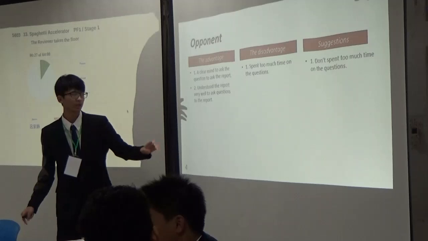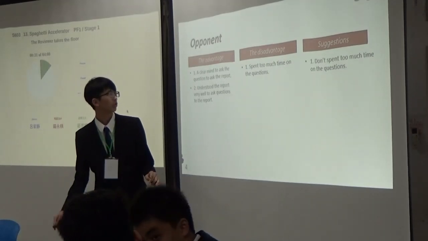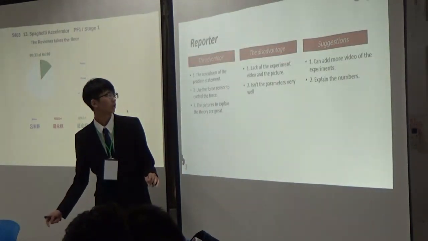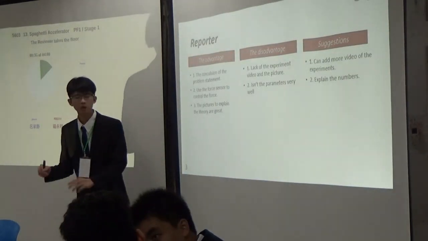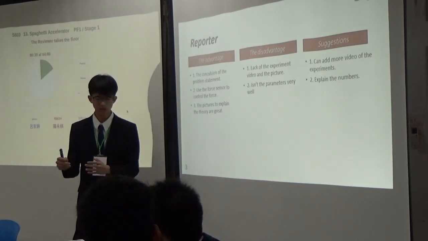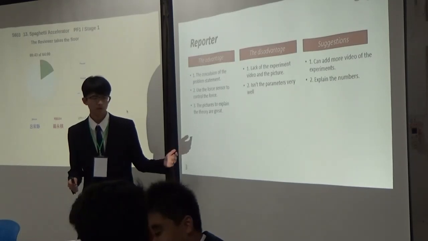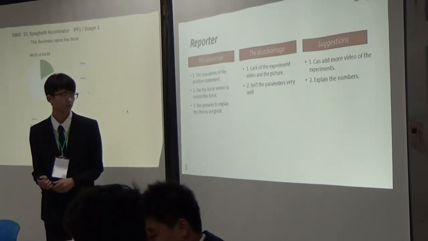The reporter has a clear mind to ask the opponent. She gave the conclusion of the problem and let us know what the problems are and what we are going to talk about in the report.